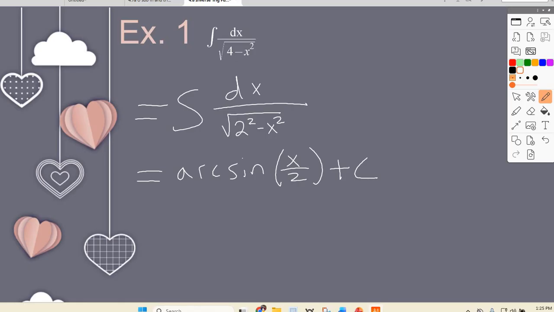So what did you plus and minus to? Is this taking the square root of 4, or does it just cancel out? Well, because I don't have a, I'm not taking the square root of that thing, because I can't take the square root of my 4 and my negative x squared separately because I have subtraction there.